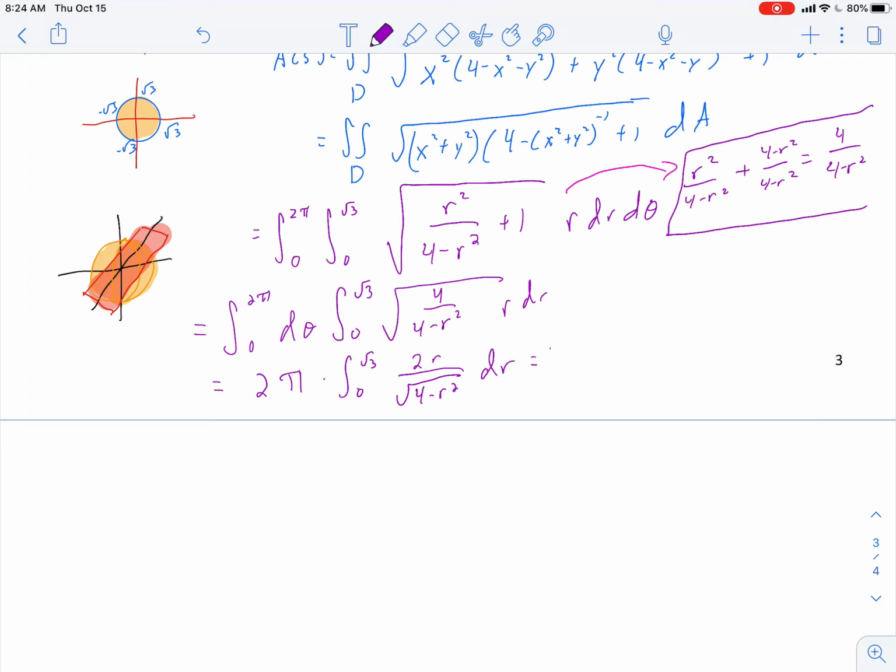All right, and again, I can integrate this. So I'm going to have 2 pi times, that's really the square root of 4 minus r squared. I can do u substitution with 4 minus r squared, because the derivative of that is going to be negative 2r, so I'm going to have a negative out in front.